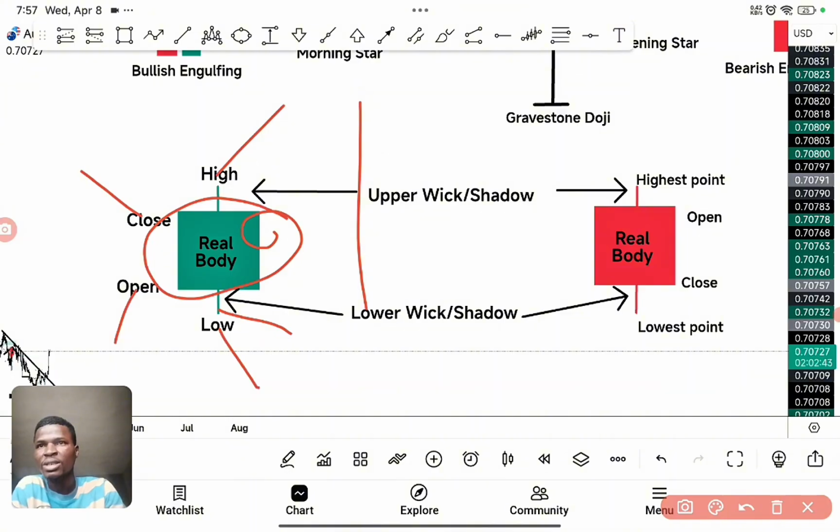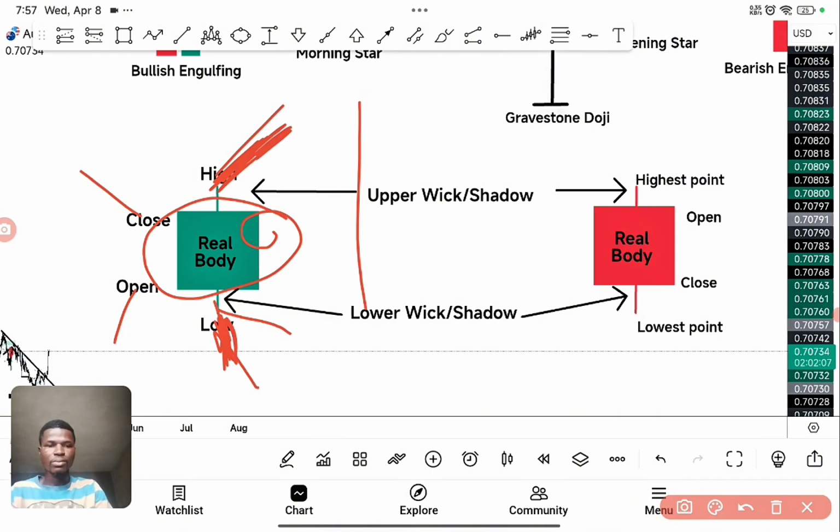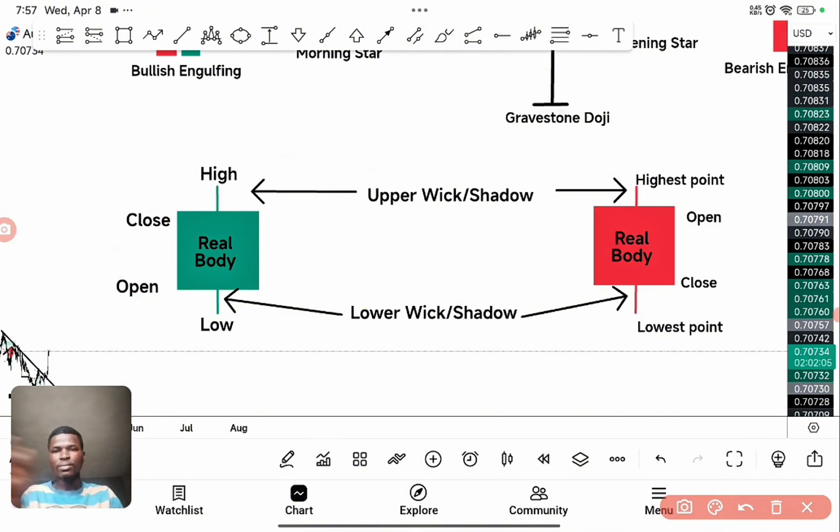The close price is the closing price in a candle. The high is the highest point, as in when the market is ranging up and down, this is the highest level it ever got into. And this is the lowest level the price ever got into.